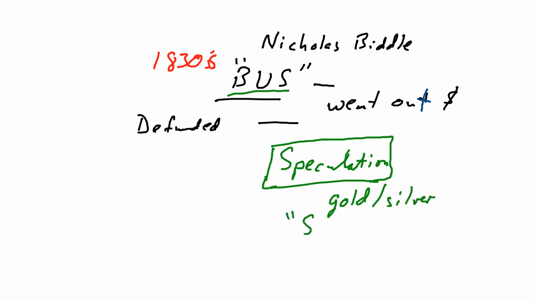That proposal, that bill, and that eventual law was called the Specie Circular. You should know the word specie. It simply means a form of currency, a form of money, and circular means it's got to be in coin format.